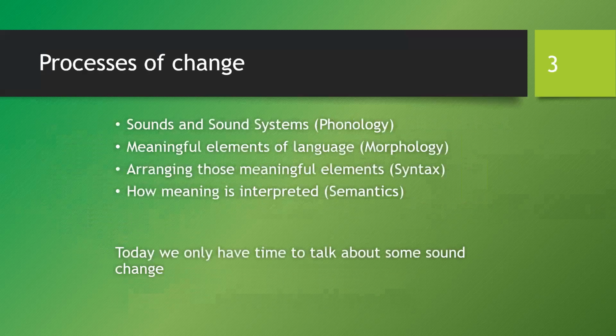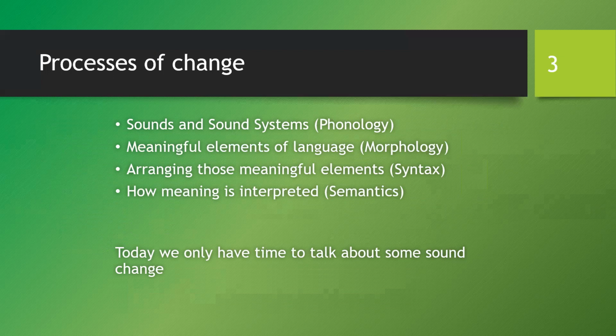Okay, so what kinds of aspects of language change? Well, you can have change in the sounds and the sound systems. This is what we just saw with the comparison of the Assamese sondro and the Hindi chand. You can have change in the meaningful elements of the language, the morphology, the parts that go on the ends of words.